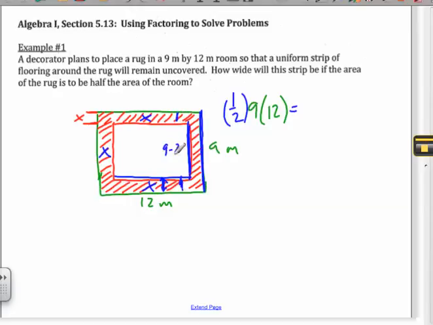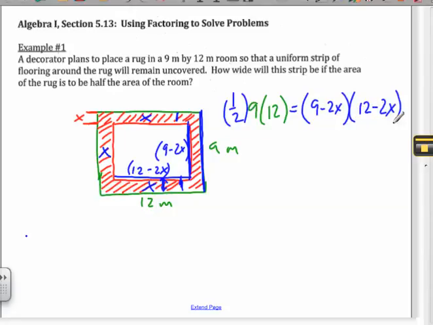So Jordan says 9 minus 2x. Okay, that's good. What's the length of that other side? Who has that for me? Joe. 12 minus 2x. Okay, so the area of the rug is those two binomials multiplied together.